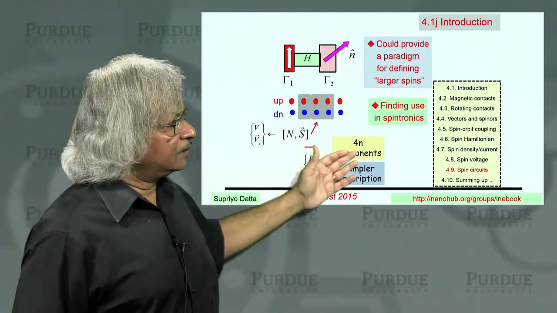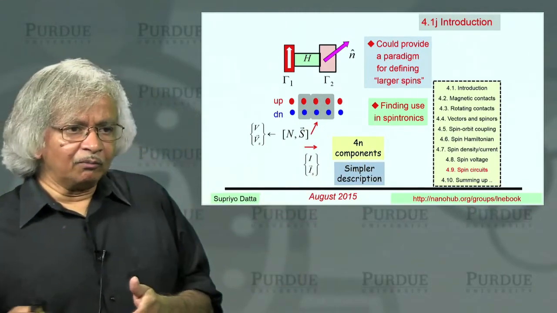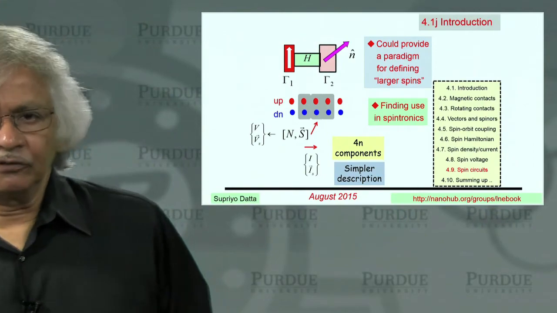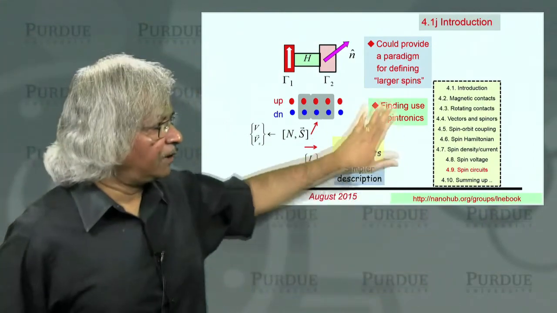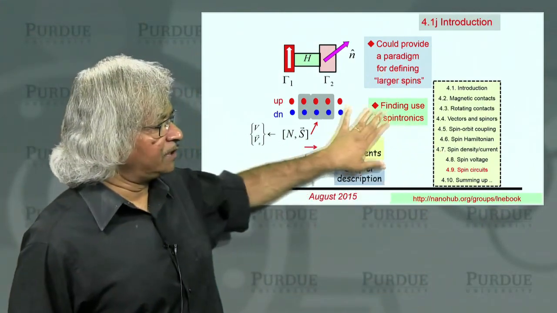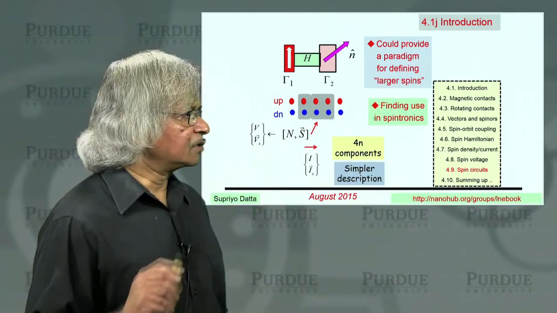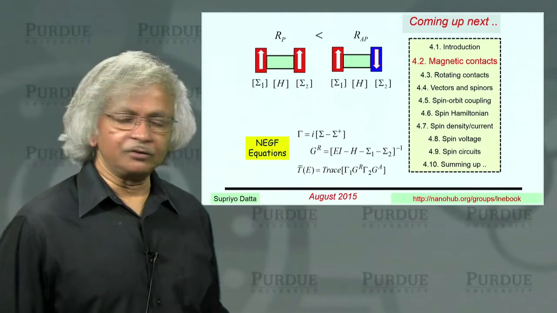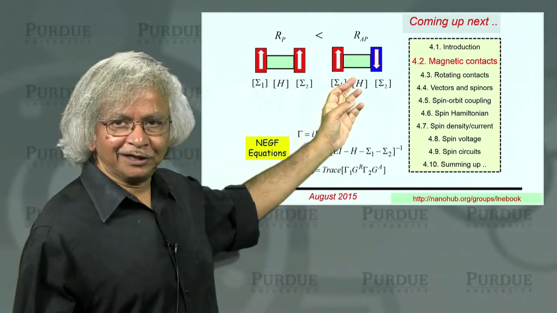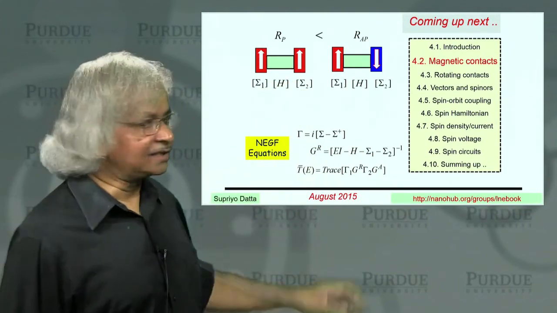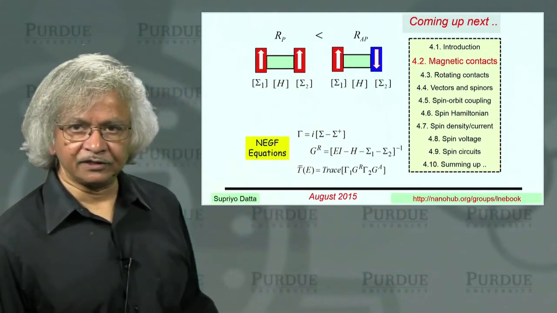And those things could be useful for problems that go beyond spintronics. But here, of course, we'll just end by talking about the spin circuits, which are now being used to describe many phenomena in spintronics. So with that long introduction, it's time to get on with the details. We'll start in the next lecture with magnetic contacts and how you write down the self-energies. Thank you.